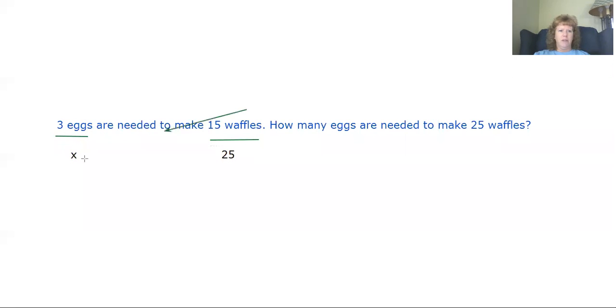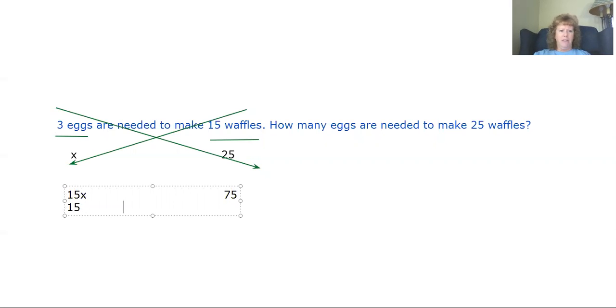When you cross multiplied, you would get 15x and 75. Then when dividing by 15 on both sides, you would have found that x is equal to 5. So it would take 5 eggs.